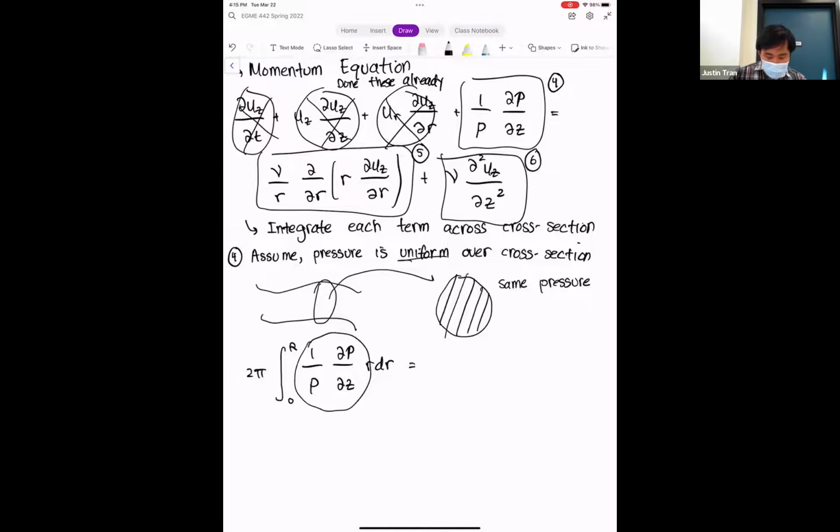We get partial Q partial t plus 2 pi partial z of integral from 0 to big R of uz squared r dr, plus A over rho partial p partial z is equal to 2 pi nu R partial uz partial r, evaluated at r equal to big R, plus nu partial squared Q partial z squared.